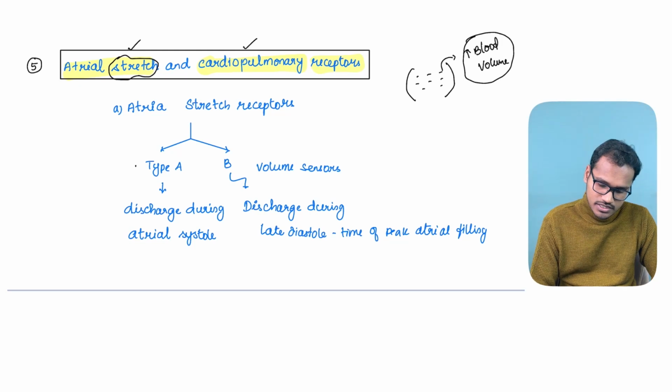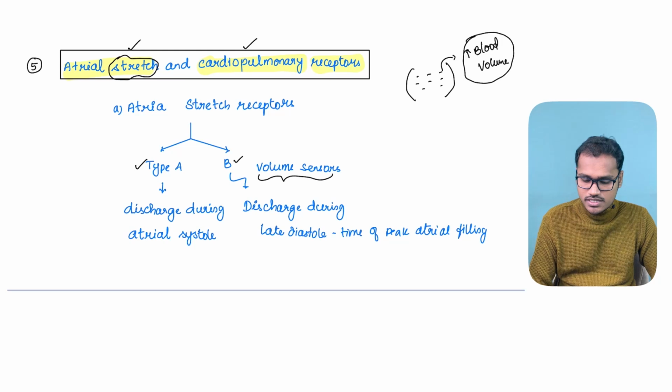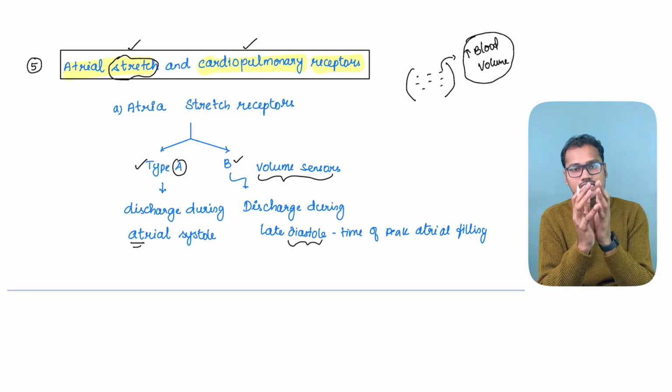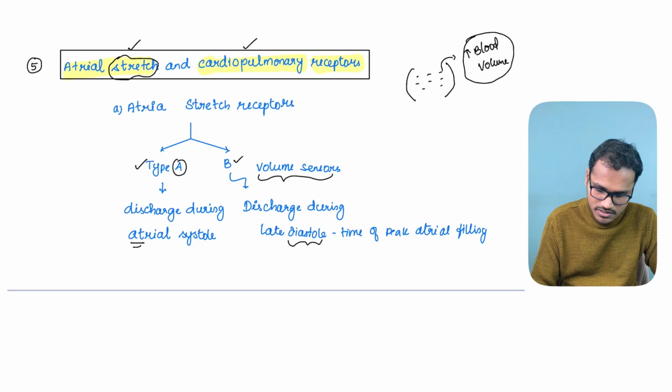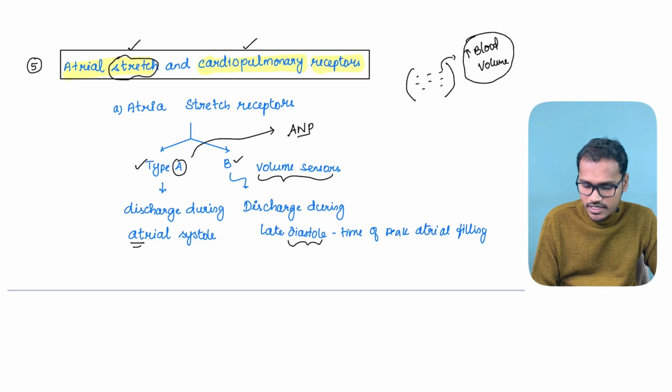It has two receptors, type A and type B, and both of them are volume sensors. They are going to sense the volume; type A is going to act during atrial systole and type B is going to act during the diastole part. Once there is a stretch in the atria, they are going to produce a substance which is called atrial natriuretic peptide.